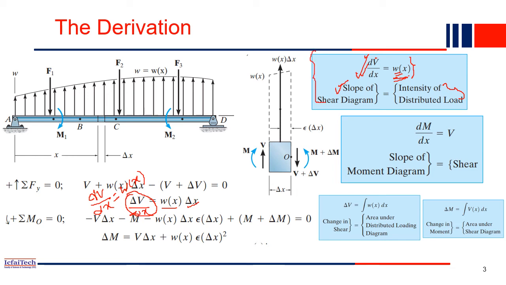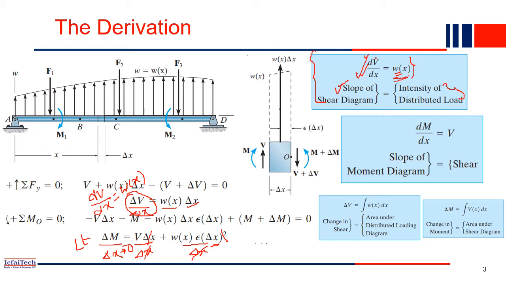Now take this moment equation, and divide it by delta x. One delta x will be cancelled out, and only one delta x remains in this term. Now take the limit as delta x tends to 0.